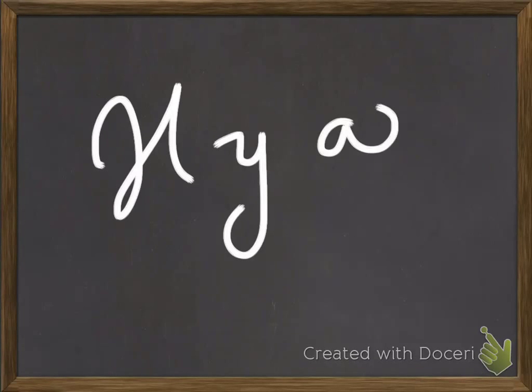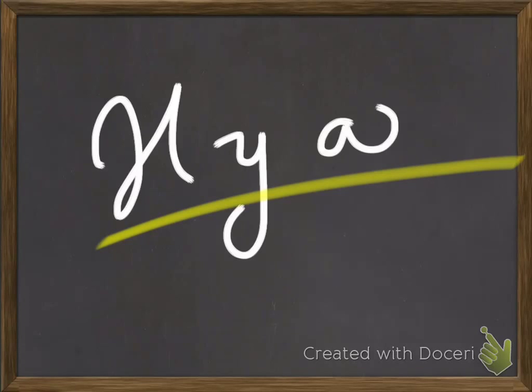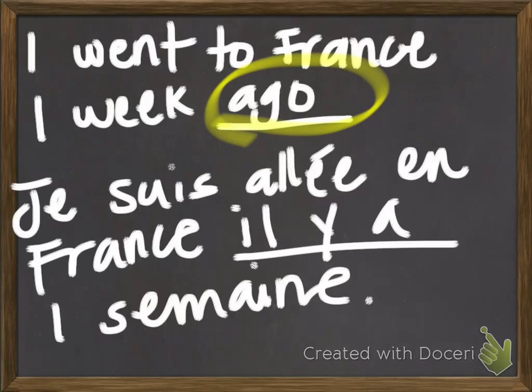And the most important thing to remember for il y a is the position of it. Because unlike ago in English, it would come before the amount of time. So let's compare English and French real quick. In English, I would say I went to France 1 week ago.